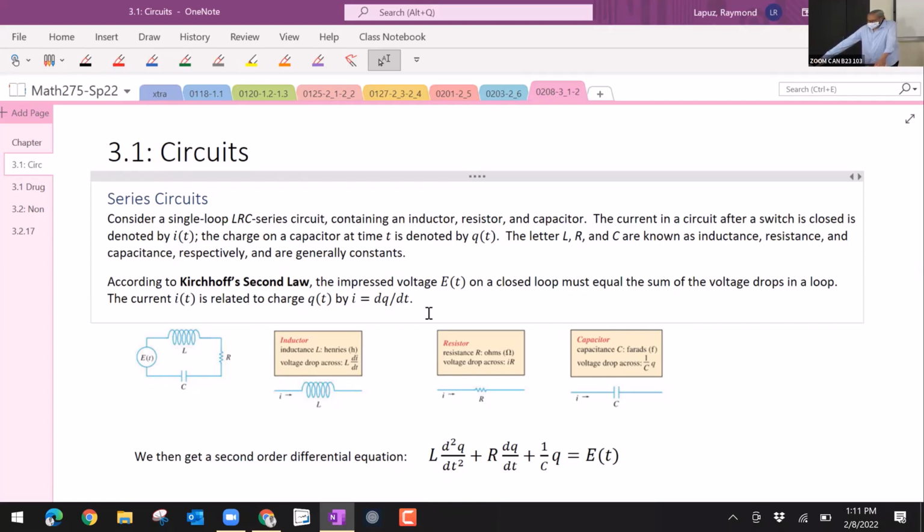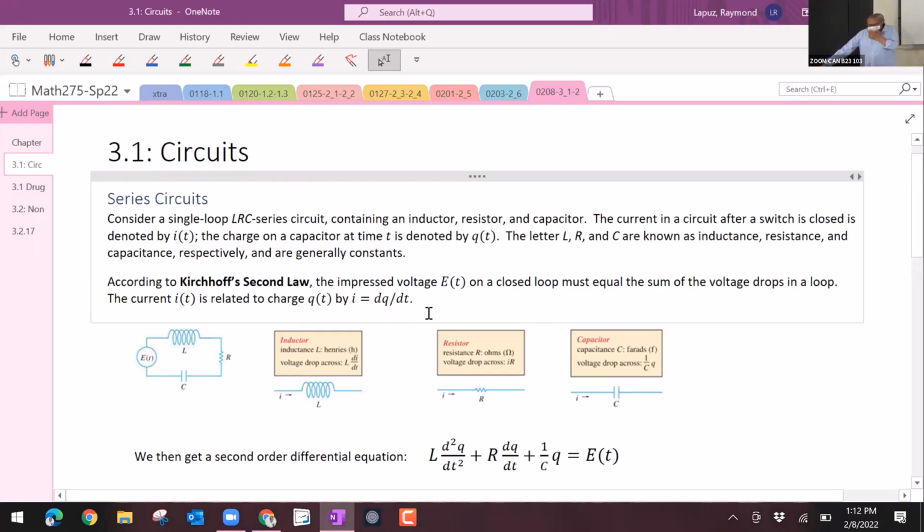A loop can contain an inductor, resistor, and capacitor. You're looking at the current in the circuit after a switch is closed, denoted by I. So I is the current. The charge on the capacitor at time t is going to be denoted by Q. Those are our two functions, I and Q, whatever might be relevant in the problem.